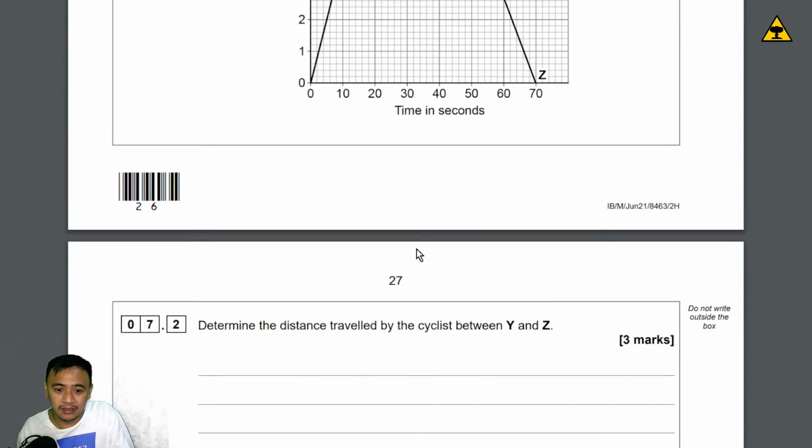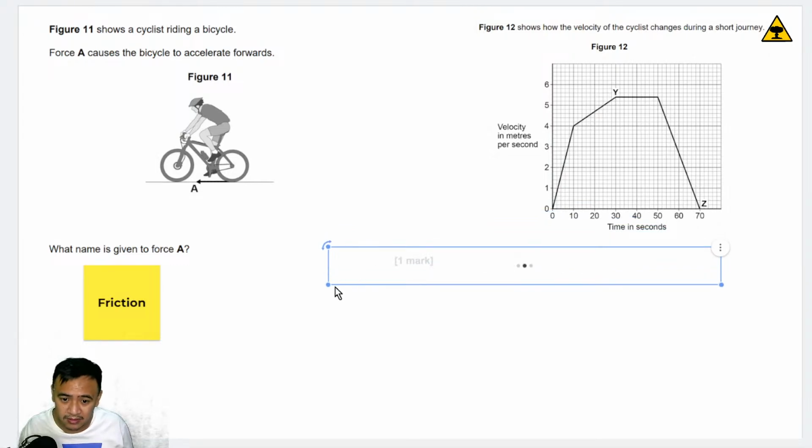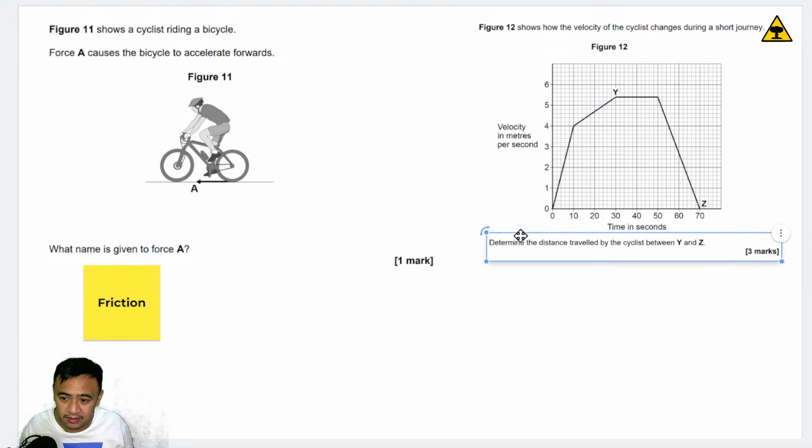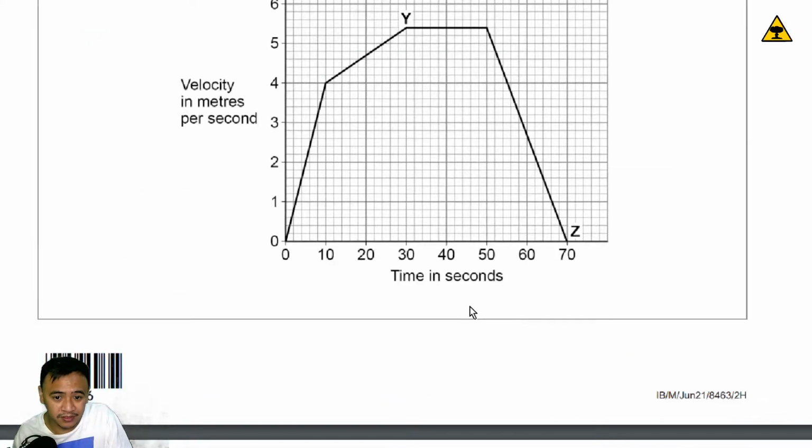Then the question: determine the distance. I'll go back to the graph to make it bigger.